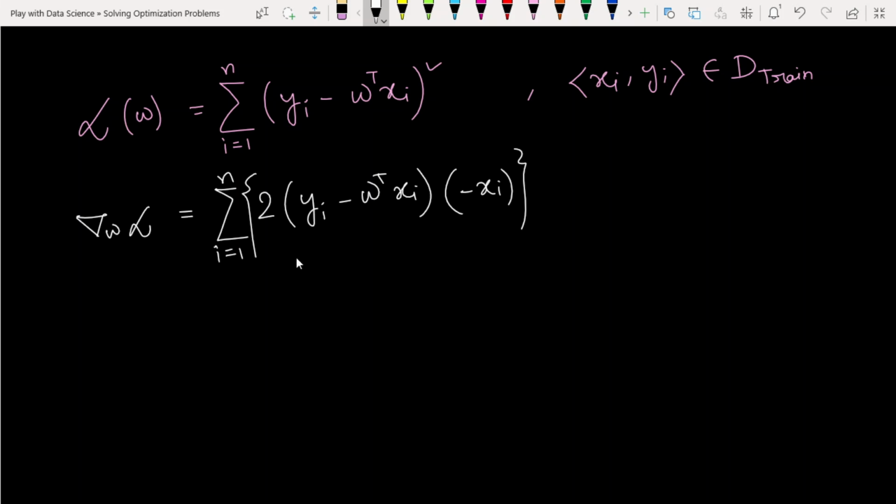Now to solve these equations we use gradient descent, simply using the derivative of this function. Let's write the steps one by one.